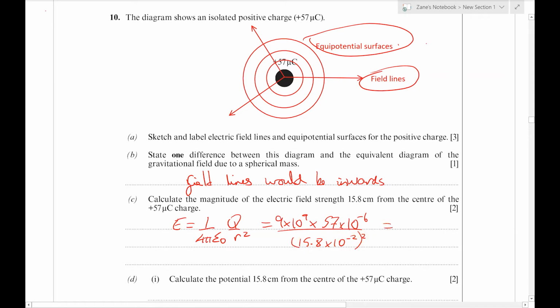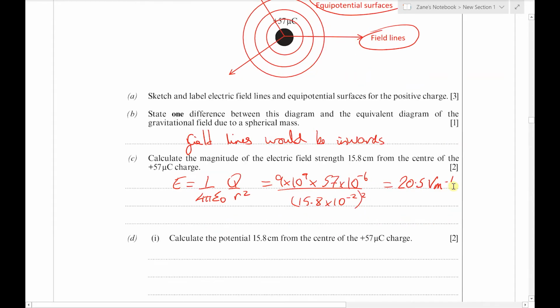So let's put those values into the calculator and see what we come up with. So we end up there with about 20.5 million, so 20.5 times 10 to the 6, and we can either have volts per metre or newtons per coulomb for the unit.